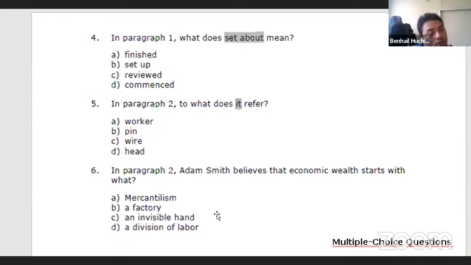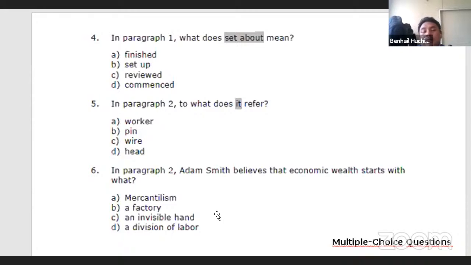So if you didn't understand the text and didn't find any correct information, you could always select whichever you want. Just select one, maybe it will be fine. It will be correct. Okay.